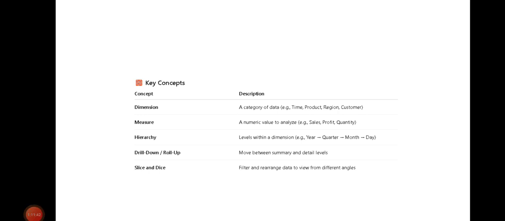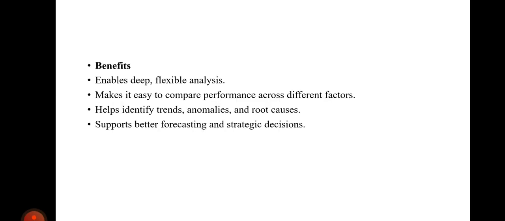And then slice and dice, filtering and rearranging data to view from different angles. The benefits of this are it enables deep, flexible analysis, making it easy to compare performance across different factors, helps identify trends, anomalies, and root causes, and also supports strategic decisions and better forecasting.